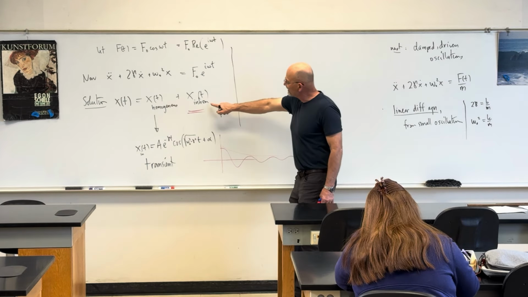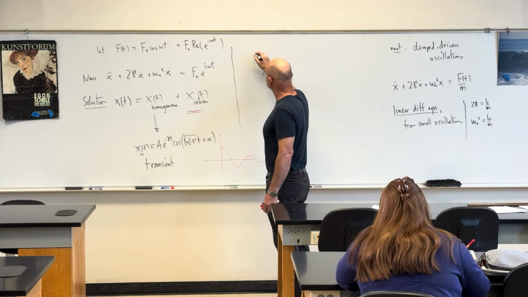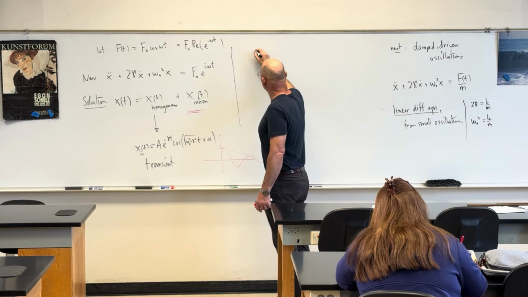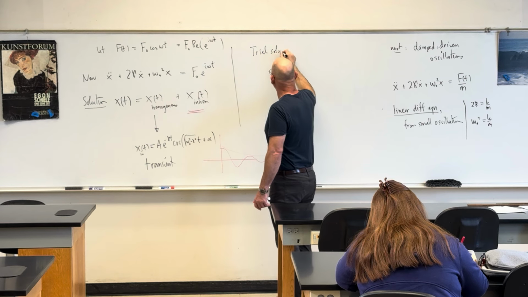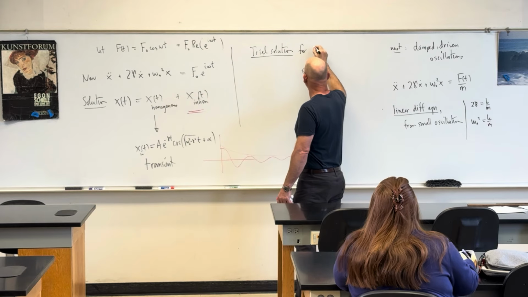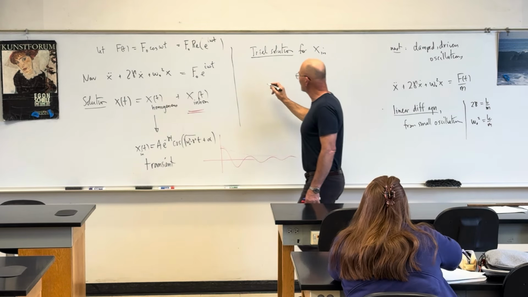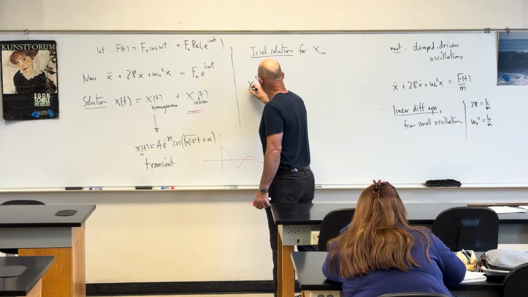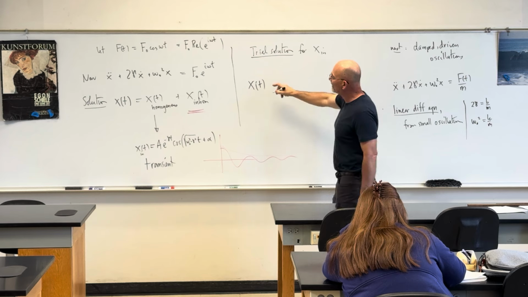Okay, so let's look at this solution of the inhomogeneous equation. And we just do a trial solution for x inhomogeneous, and what we do is this. x of t, I'm going to give it a subscript right now.